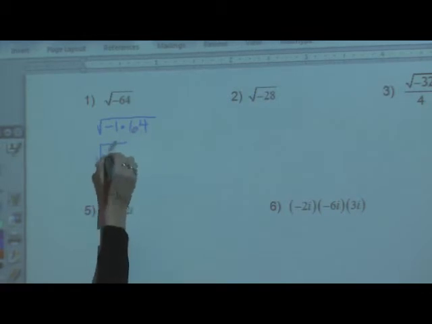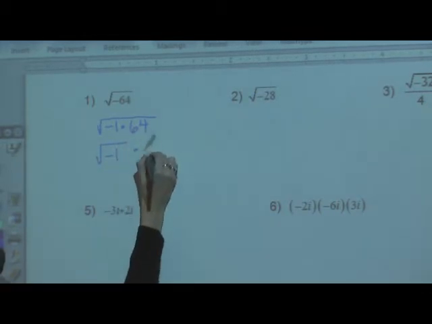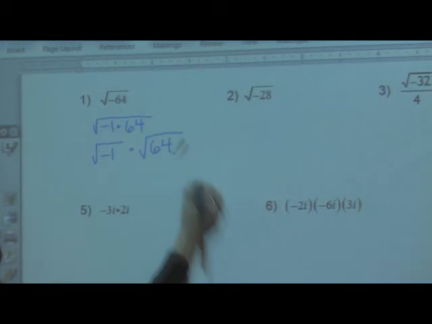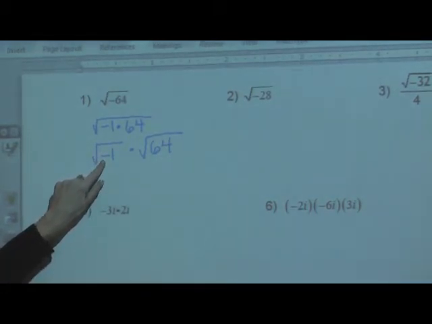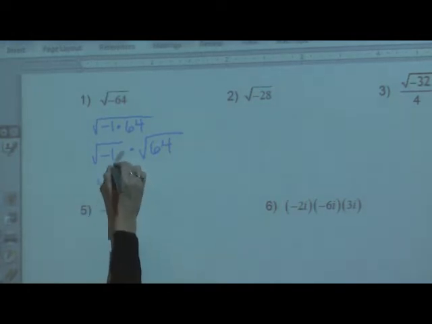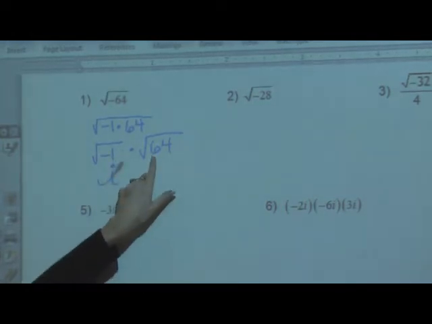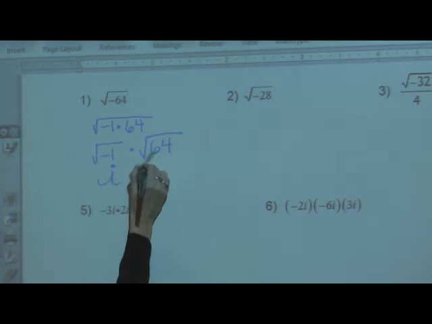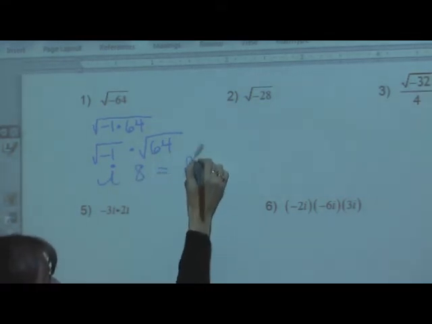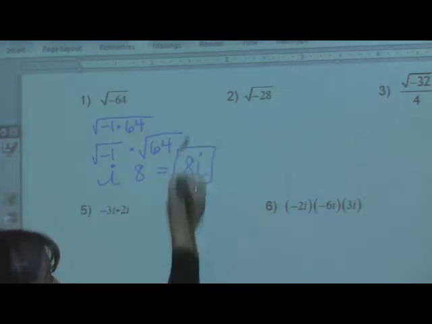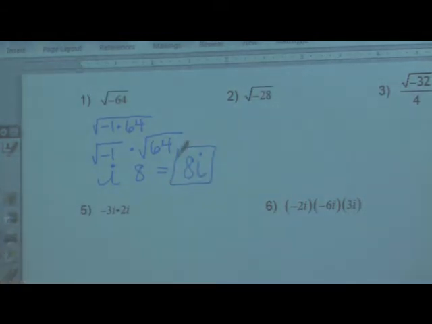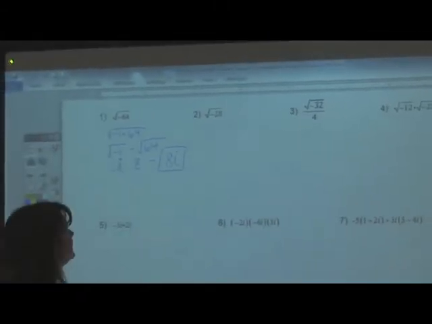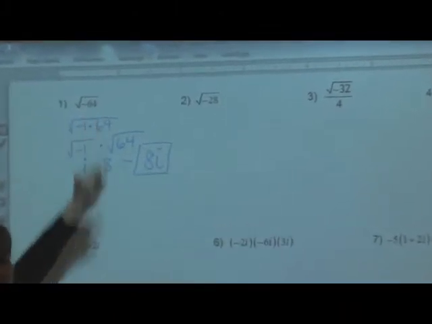That will break up into the square root of -1 times the square root of 64. This is your imaginary unit, the unit that we said we were going to commit to memory. And of course, you know the square root of 64, that's just 8. Now, proper etiquette tells me that normally we write our solution as just 8i. Okay, so this is how it works out with a perfect square.